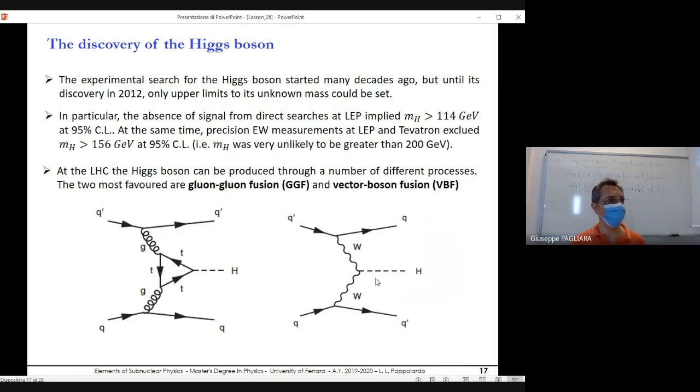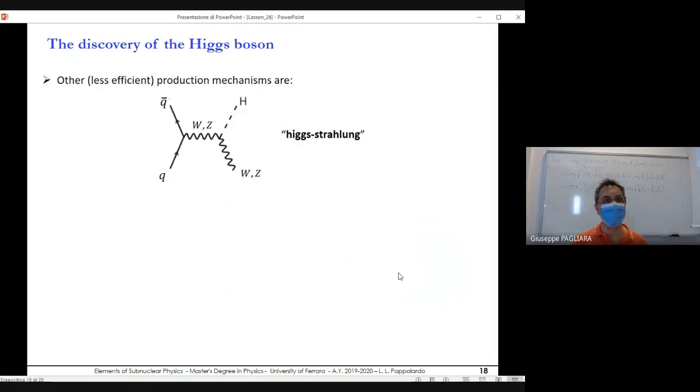Another competing process is the so-called vector boson fusion, where the two colliding quarks radiate a W, and the Ws merge into a Higgs boson. Then there are also less efficient processes, like the so-called Higgs-Strahlung, where essentially you have a quark-antiquark resulting in a W or a Z, and then the W or the Z radiates a Higgs boson, like the electron that radiates a Bremsstrahlung photon.